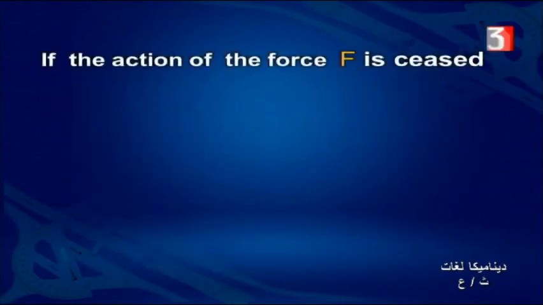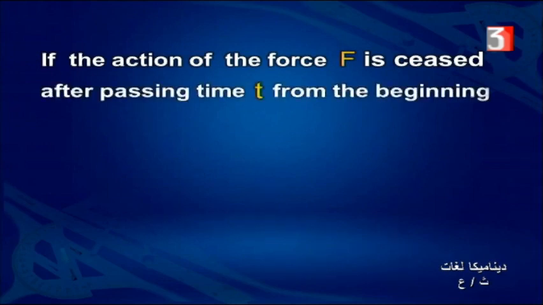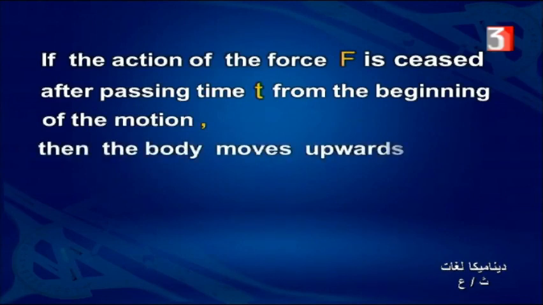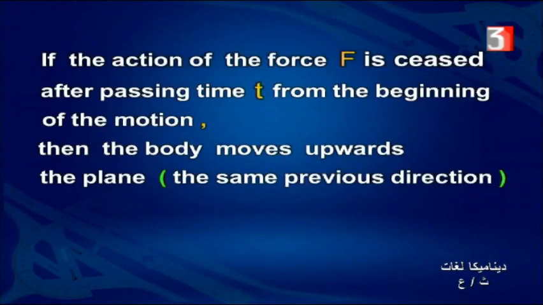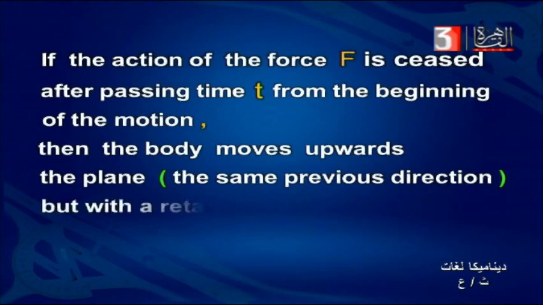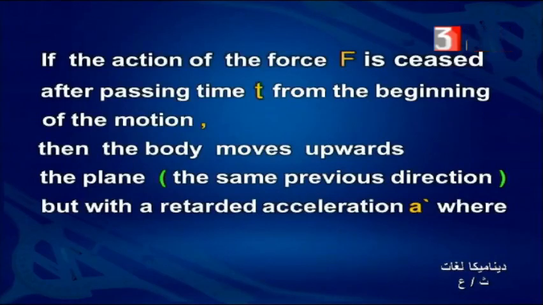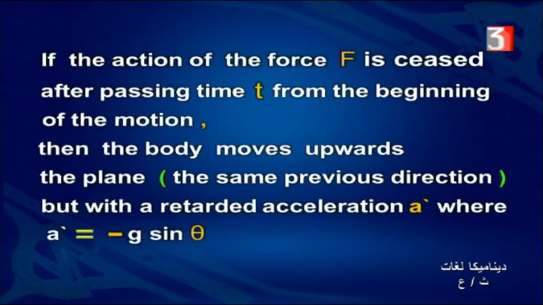If the action of the force F is ceased after passing time t from the beginning of the motion, then the body moves upward the plane in the same previous direction, but with a retarded acceleration a dash, where a dash equals negative g sine theta, because F equals 0, ceased meaning the force equals 0, and we can cancel the mass of the body from the two sides.